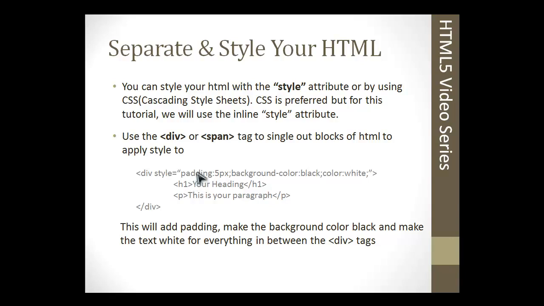So it's going to have 5 pixels on each side of it, a space with 5 pixels on each side. And the background color of the entire div will be black. And the color is actually the text color. So the H1 and the paragraph will be white text. And I'm going to get into this very soon when we start our first project, our first small web page.